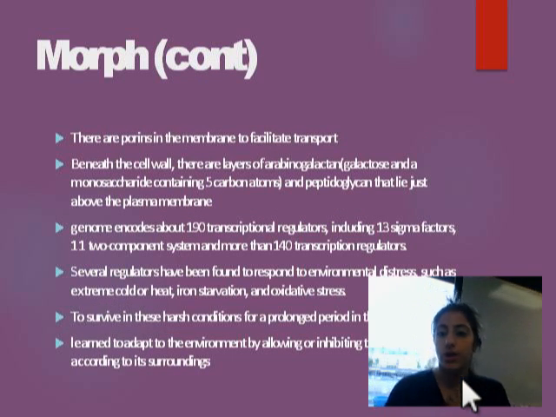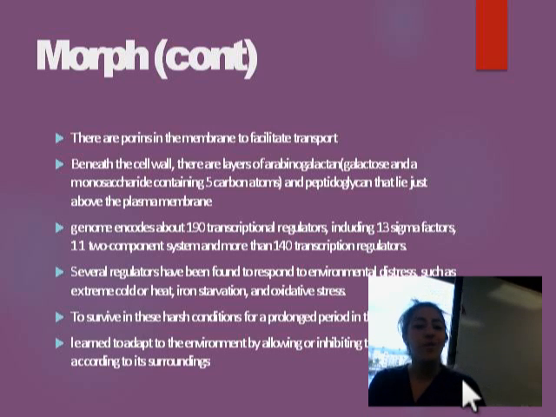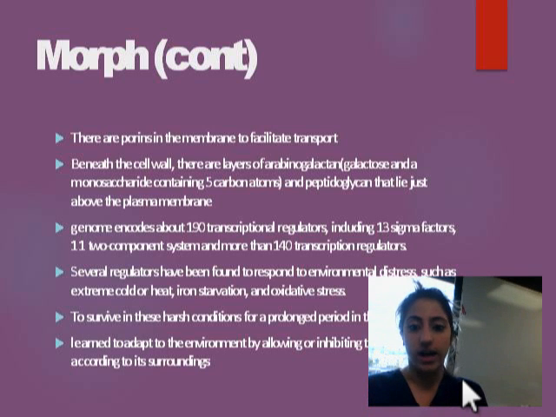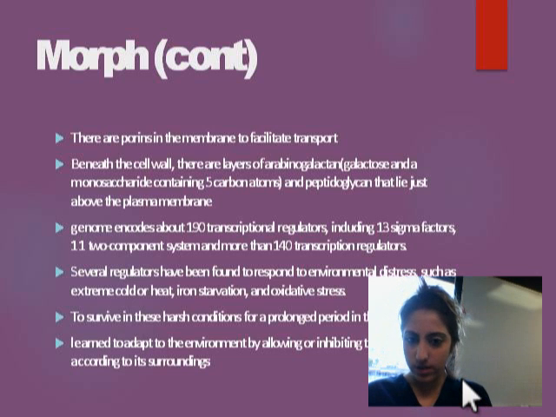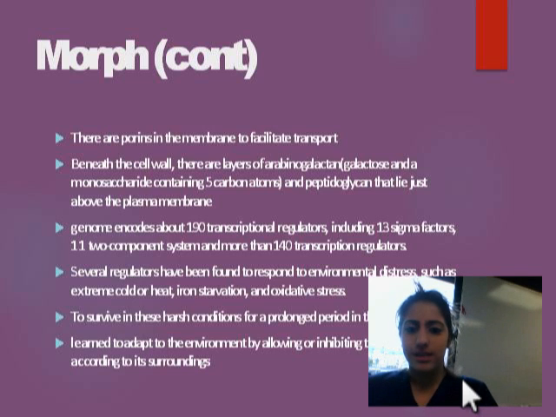And there are parenchyma. So beneath the cell wall, there are layers of galactose, a monosaccharide containing 5 carbon atoms, and the peptidoglycan that lies just above the plasma membrane.